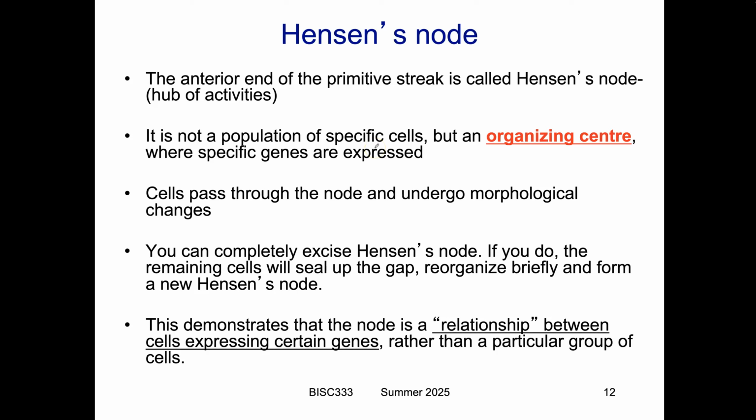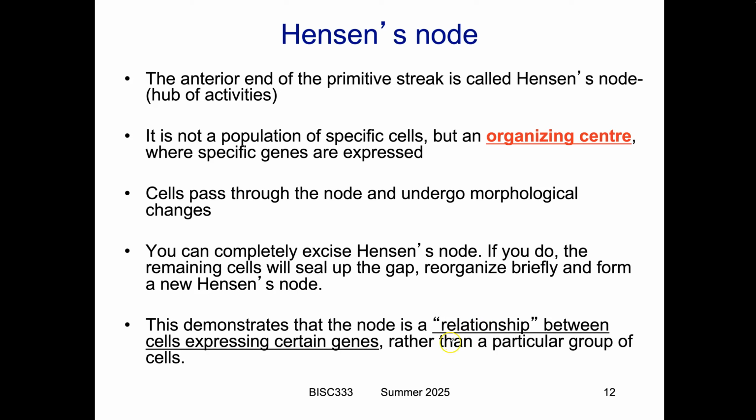It's not a population of certain cells. It turns out that experimentally you could carefully cut out the Hensen's node. And when you do that, the remaining cells move in and seal up the little gap that you've left behind. There's a little period of time where some sort of communication and reorganization happens. And then a new Hensen's node forms and just continues on its way.